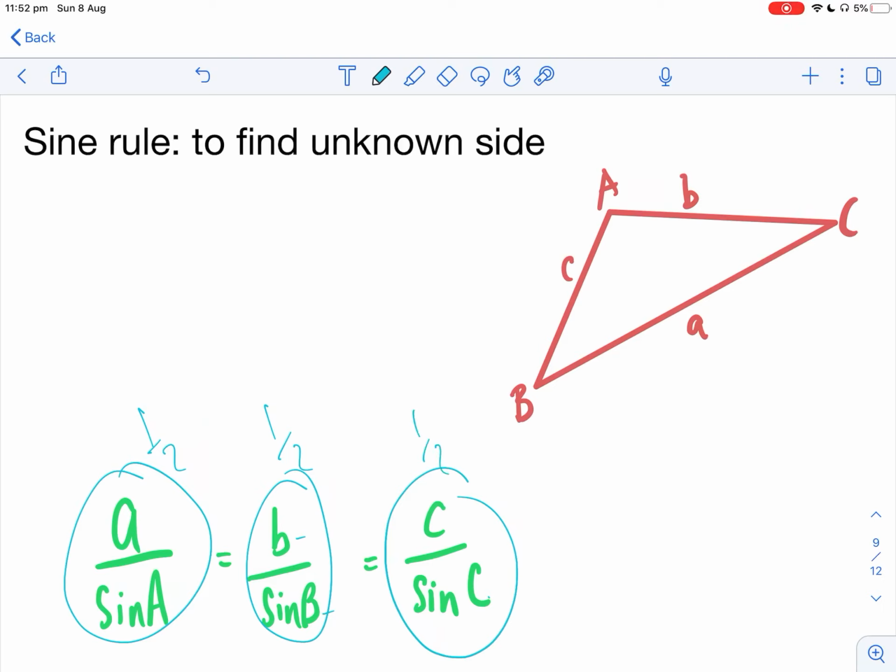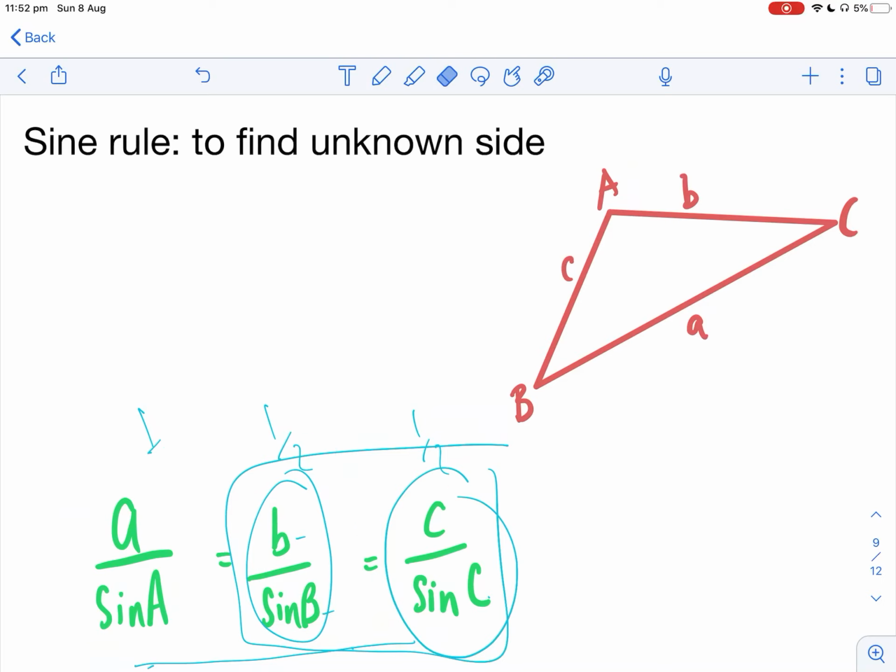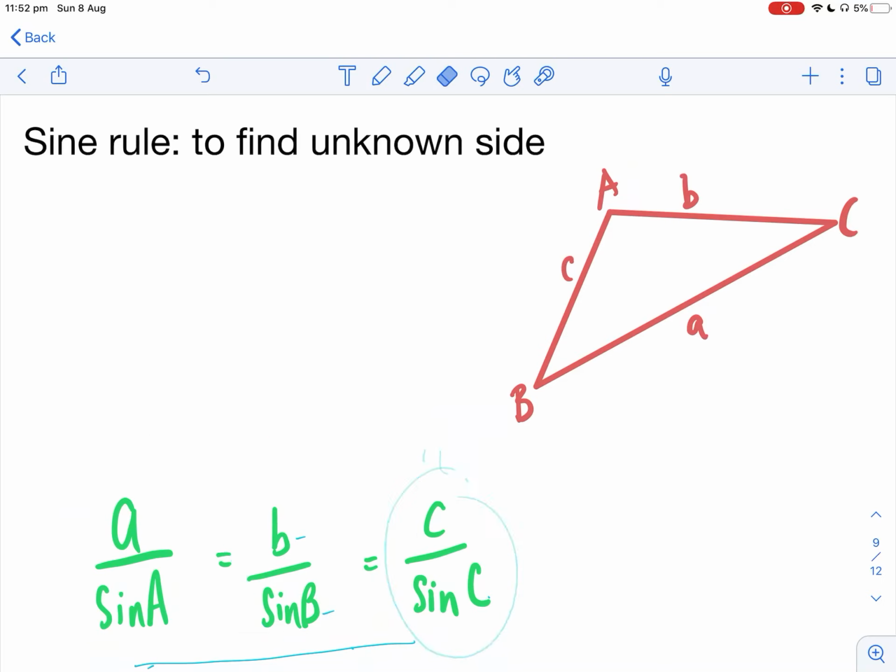So the ratios are always the same. We only ever need to use 2 of these, so we might use the A and B, the B and C, or the A and C when we're using this equation.